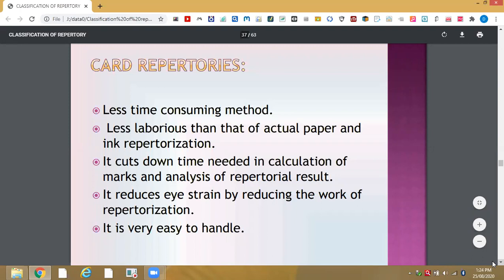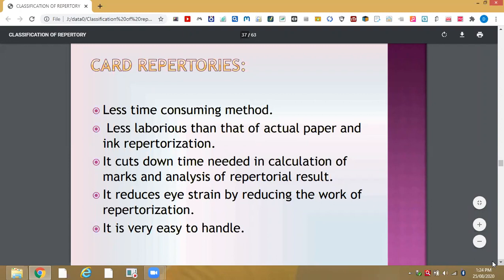Now you may not be aware of how we can repertorize a case. For repertorization of any case, there is a repertory sheet, and we take the proper case, then we analyze the symptoms, then we evaluate the symptoms, and after proper analysis and evaluation we can form the totality of the case. After forming the totality of the case we can convert the symptoms into repertorial language, which is called the repertorial totality.